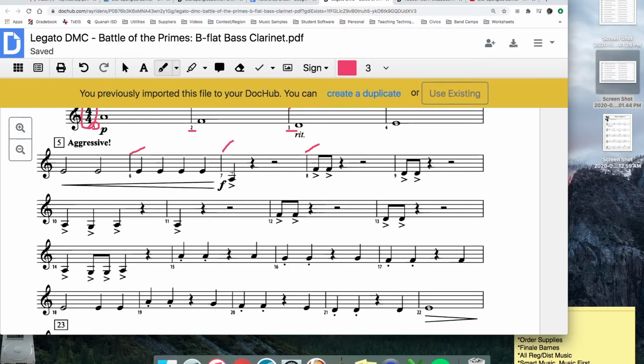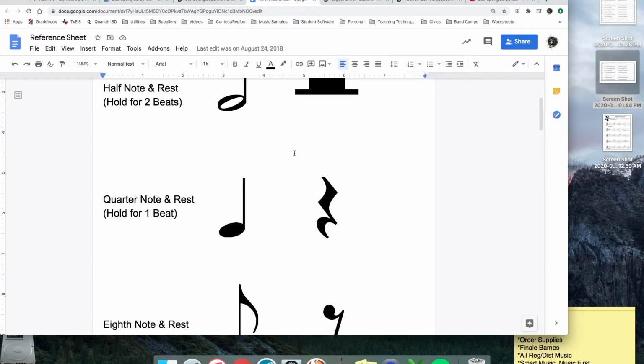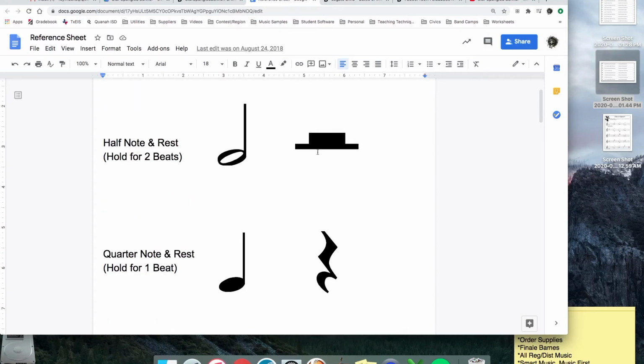Well, there's 4 beats in a measure though, right? 1, 2. What about beats 3 and 4? Well, they gave me this. This was a half rest. Right here, half rest. And that means be silent for 2 beats.